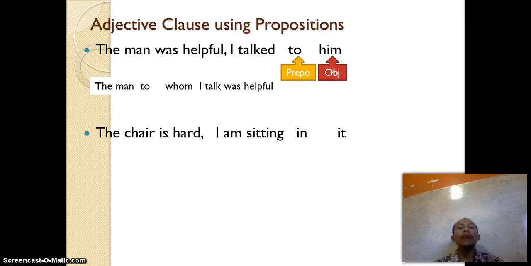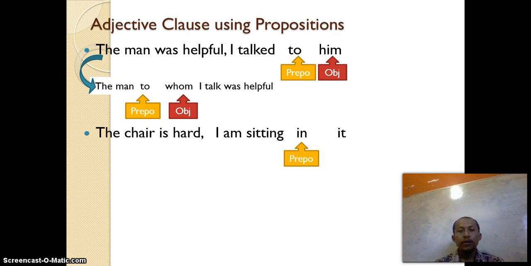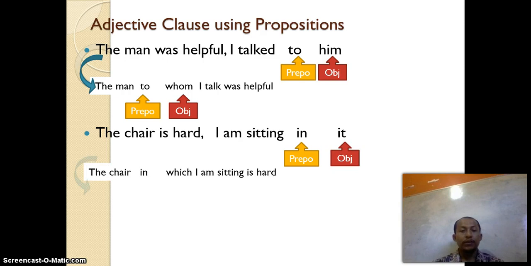The man to whom I talked was helpful. Before the connector, you have to use the preposition: preposition and object of preposition whom. The chair is hard. I'm sitting in it. So you can read by yourself, I think.